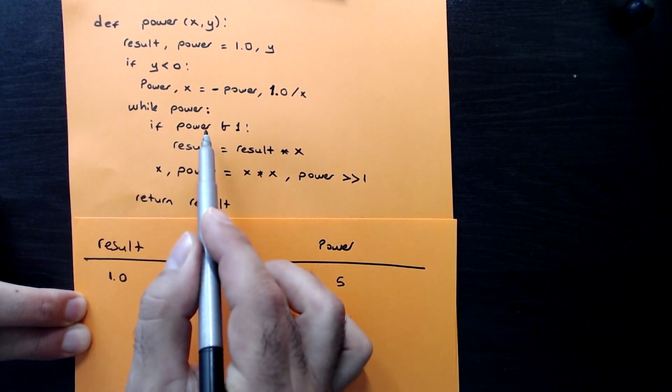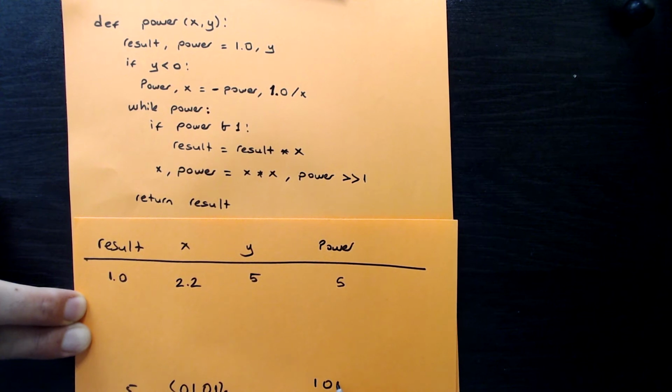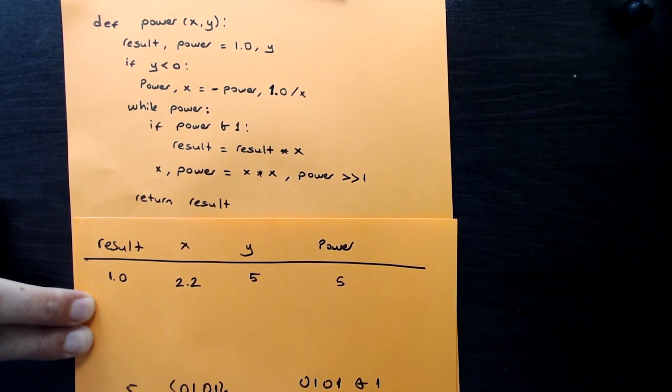If power and 1, in this case power is 5, I'm going to keep track of the binary number here, 0, 1, 0, 1, right? When we do power and 1, as we've seen in other videos, what we are really doing is extracting the least significant bit here, which is this number here, and that's going to give us a 1.